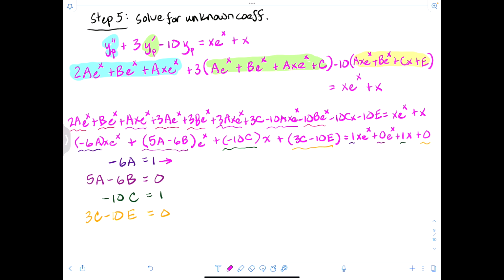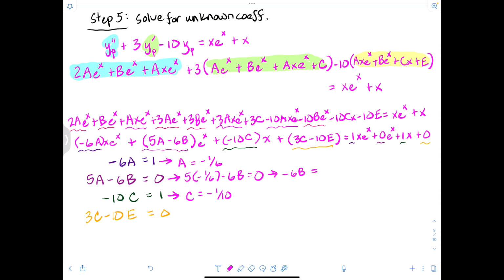Here we're going to get that a is equal to negative 1/6. From this third one, we'll get c is equal to negative 1/10. And then plugging in a as negative 1/6 to that equation, we would get negative 6b.